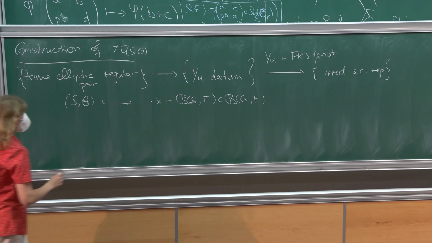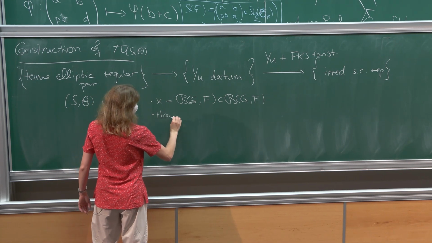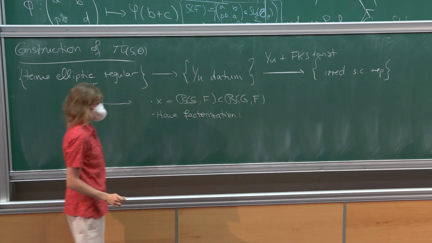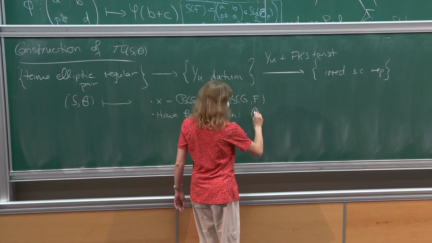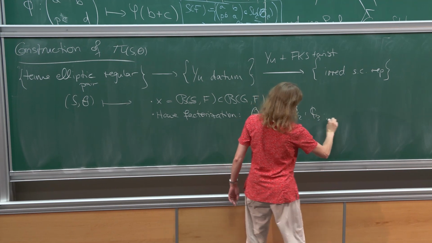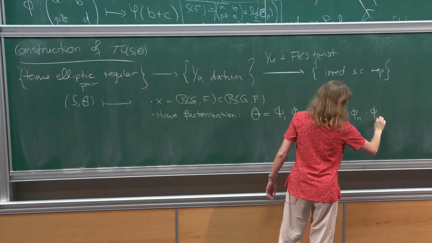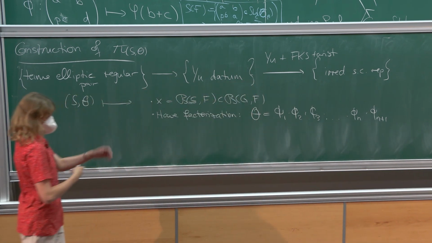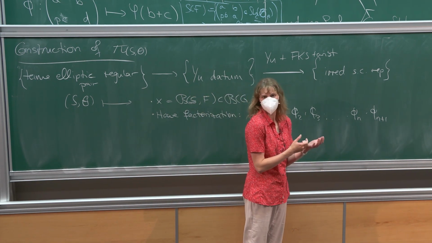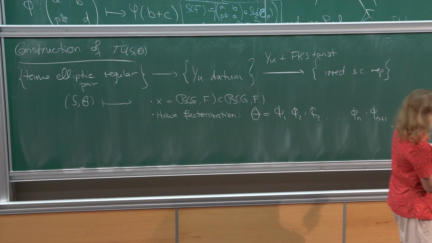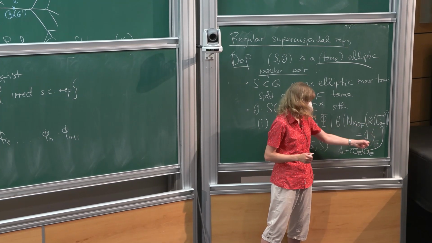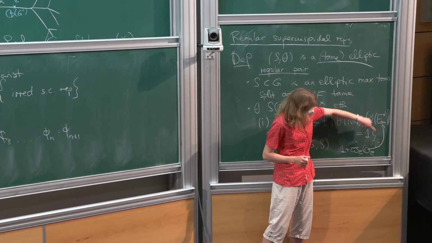And so this is actually the so-called Howe factorization, introduced by Howe, I think, for GLN, and then Kaletha generalized it, which means that actually we can write theta as a product phi 1 times phi 2 times phi 3 times, well, phi n times phi n plus 1, a product of characters that are determined by basically looking at where the character is evaluated at the co-characters equal to 1 when we plug in the depth 0 plus.